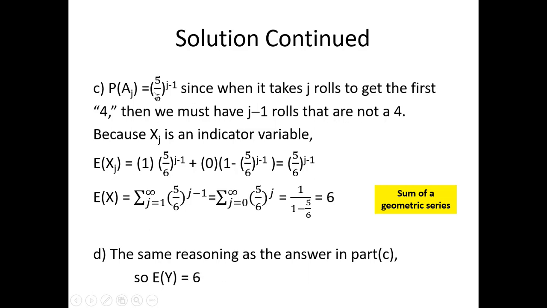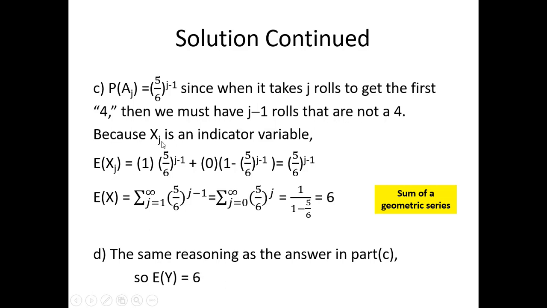Because in Aj it's going to take j rolls to get the first 4, which means you have to have j minus 1 rolls that are not a 4. So what's the probability when you toss a die of not getting a 4? It's 5/6, but this has to happen j minus 1 times. So we get (5/6) to the power j minus 1.